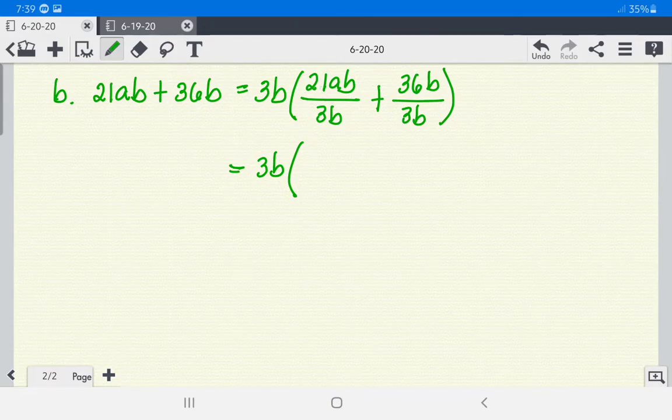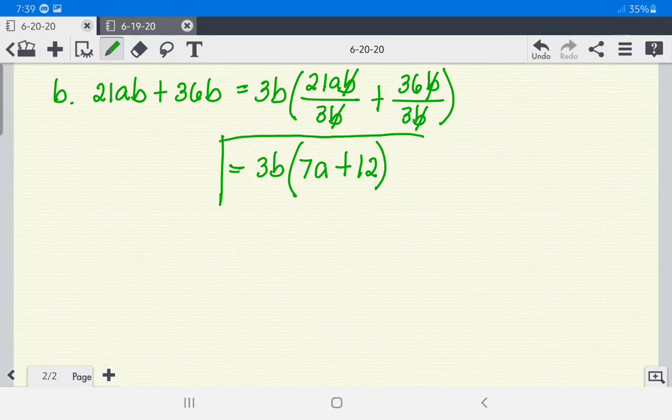We have numerical coefficient 21 divided by 3, that is 7. Then for the variables, you can cancel b. Then you have only a, plus 36 divided by 3, that is 12. Then cancel b variable because b divided by b is 1. So the factors are 3b and 7a plus 12.